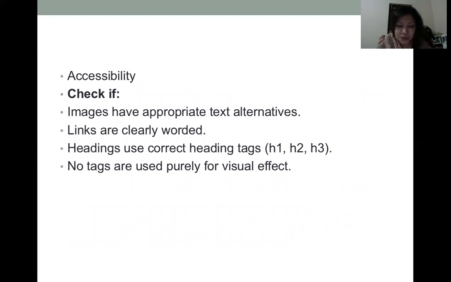So accessibility. When we talk about accessibility, it also checks if the images have appropriate text alternatives. It should have links that are clearly worded, and headings which use correct heading tags such as H1, H2, H3, etc. And no tags should be used purely for visual effects.